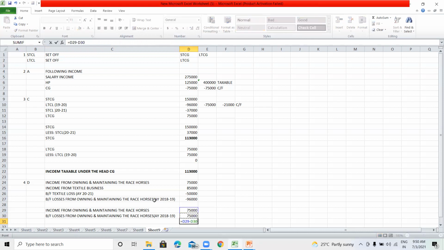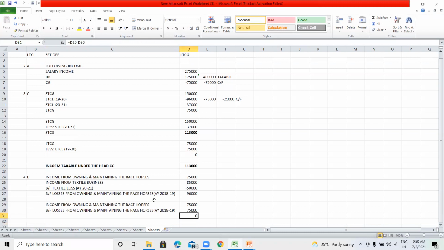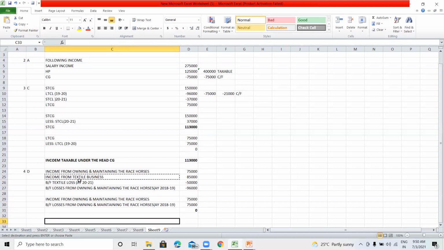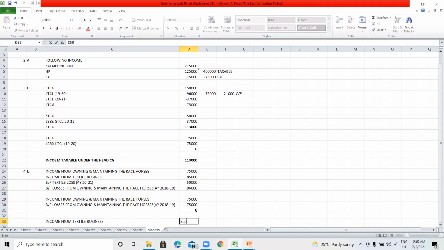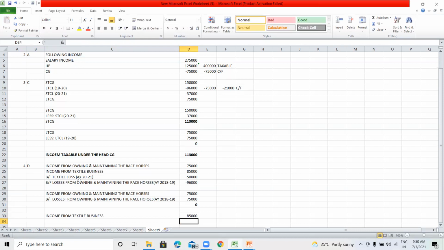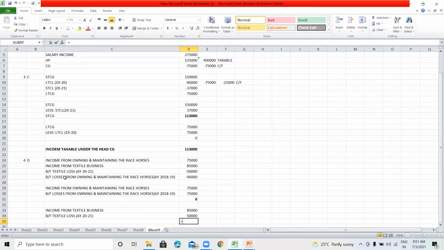So the income from owning and maintaining race horses is 0. There is the profit from textile business, 85,000 rupees, but we have the brought forward loss of textile business, 50,000. So the balance amount will be taxable.